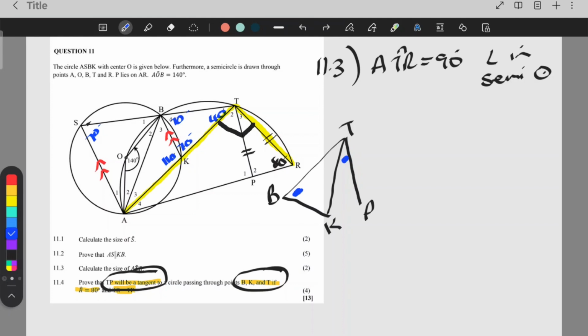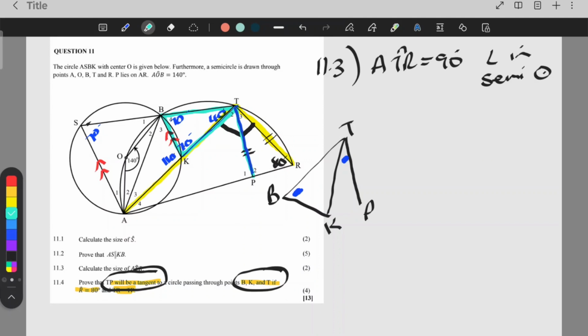Okay, so let's go look now. This angle over here, do you see there's TP? So I'm going to highlight this whole thing. So there's TP. There's our circle. See the circle as a triangle. So we have to prove that TP is a tangent.